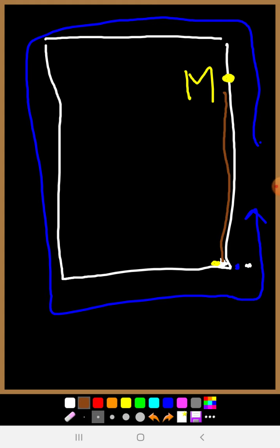So to know what this distance will be, we just need to know how long it will take runner number 2, which is small m, to do the entire field.